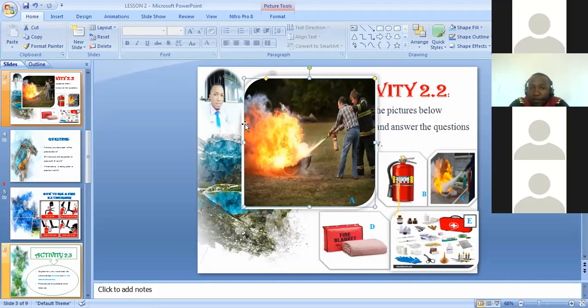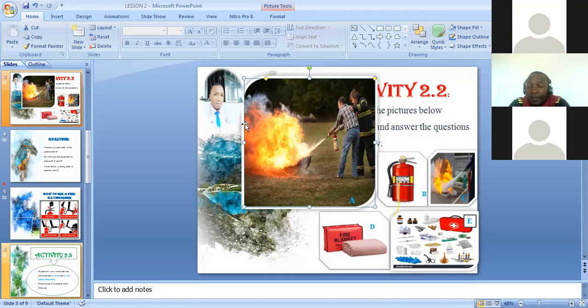Yeah. So that man with dark green and light green stripes is safer because he's putting on an attire which is fire resistant.